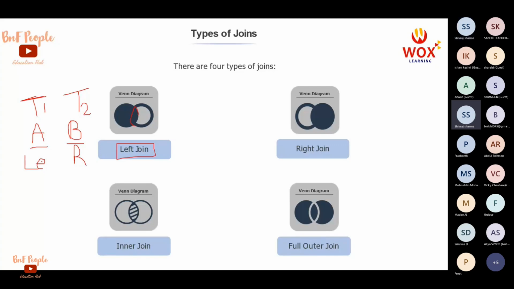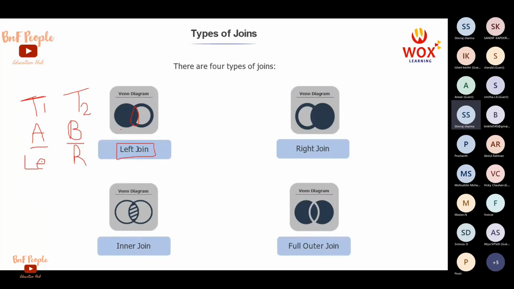This part is the common feature of both tables. So whatever common elements are in table A and B are also included. Hope you understand. We will elaborate on it in an example also.